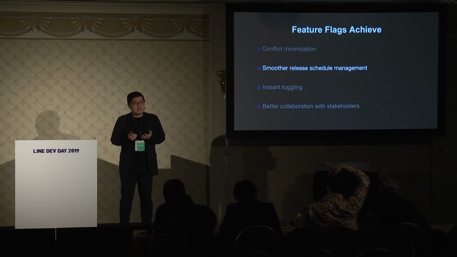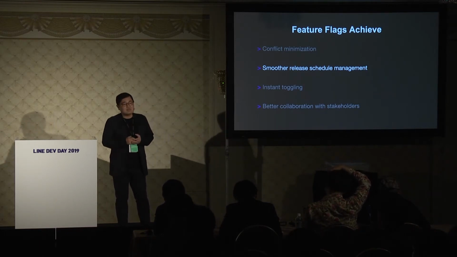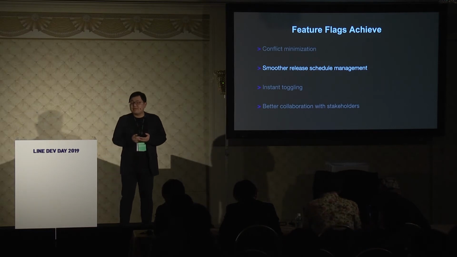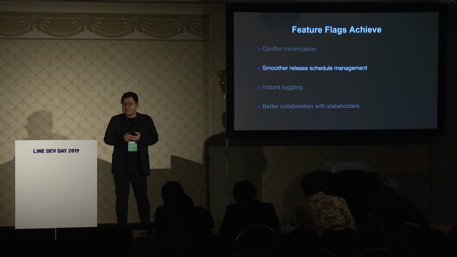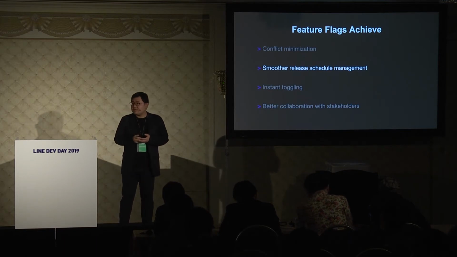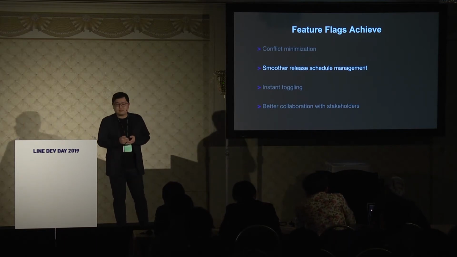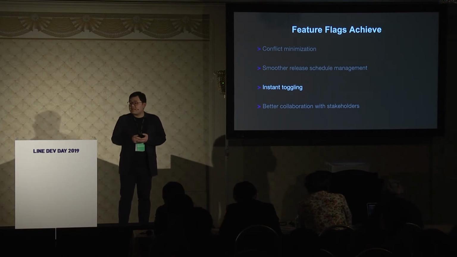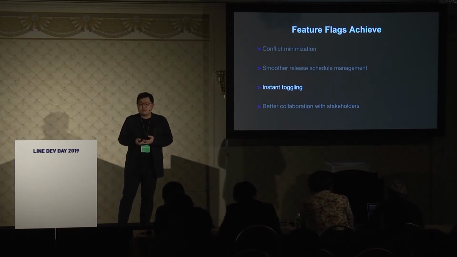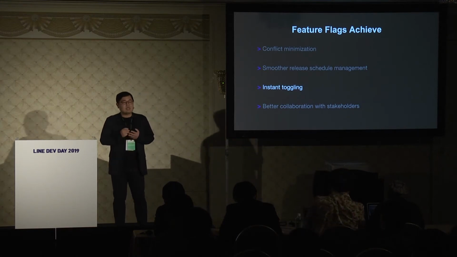And even if the development is delayed and we have to change the release version, it is possible to change it, and the branch management cost can also be reduced. That's a benefit.